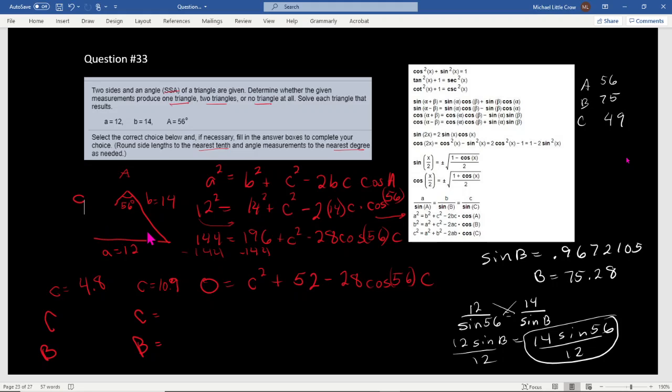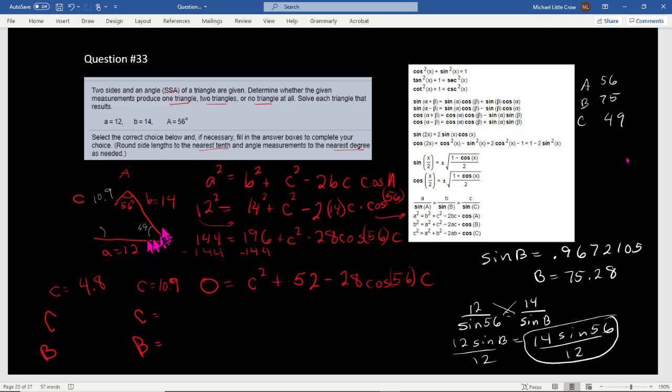B is 75, that's this angle here. That's 14. That's 12. The angle of 49 needs to be a little bit less than 12, so it's got to be this one. So this is 49. That would make this 10.9.